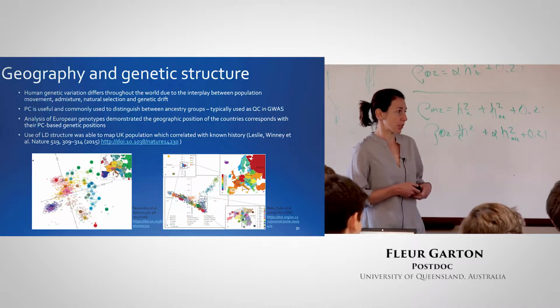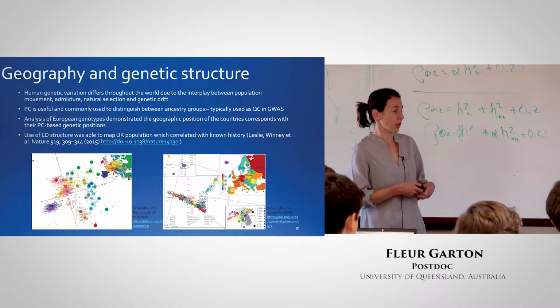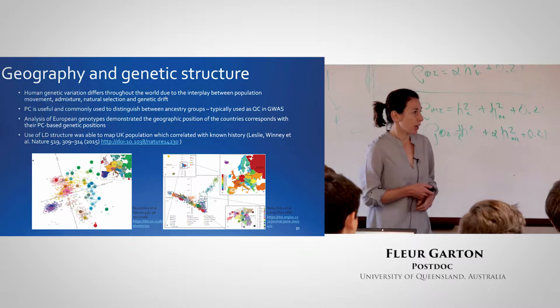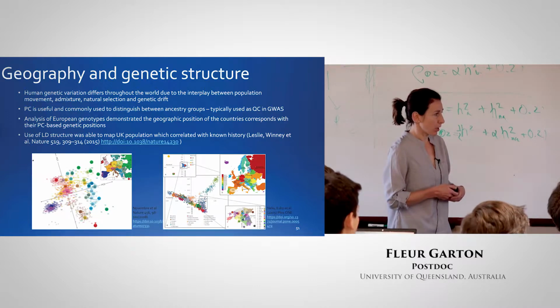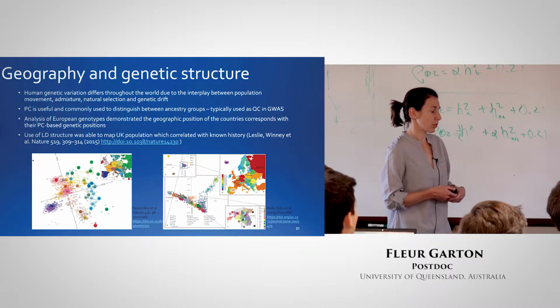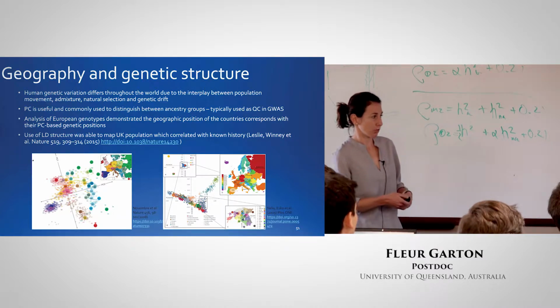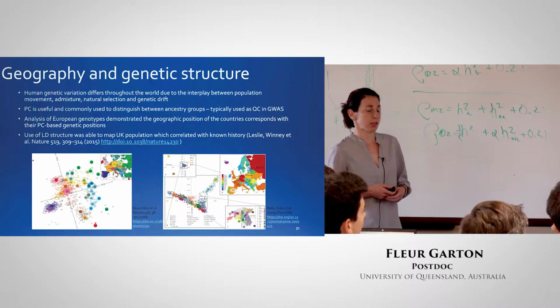And so you can see this actually quite nicely maps the actual geographic location, and then you can also see the same from this part of different European populations here. So this is Tono Escu was involved in this paper, so he might talk about this later.